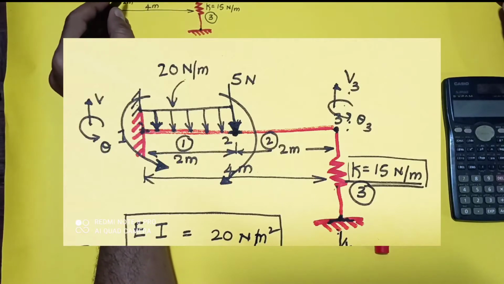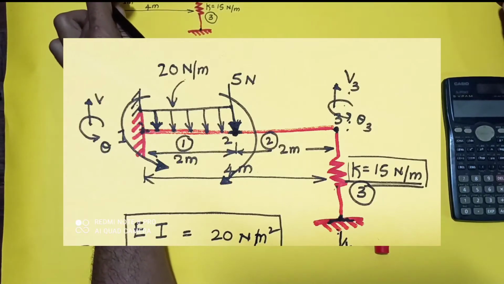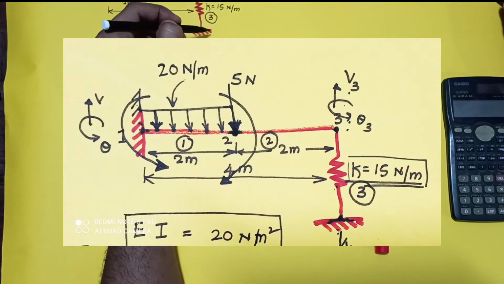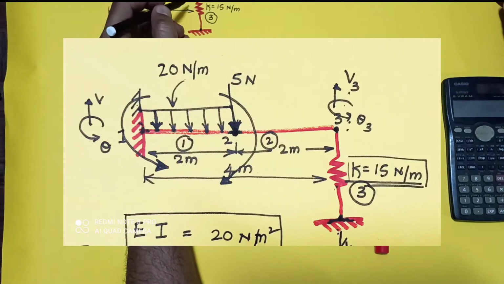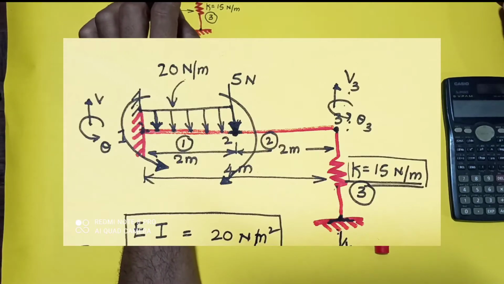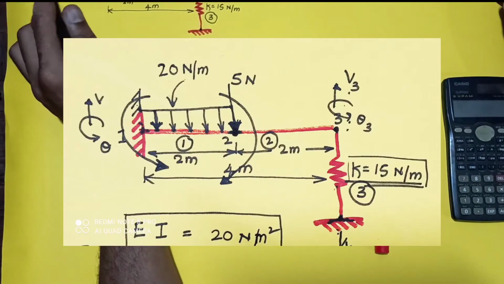So 4 nodes and 3 elements. Elements 1 and 2 are beam elements, whereas element 3 is a linear element, or you can say a 1D bar element. 3 to 4 is a linear spring element.